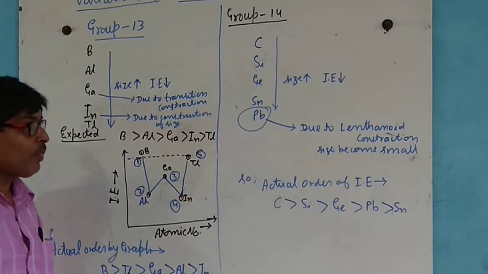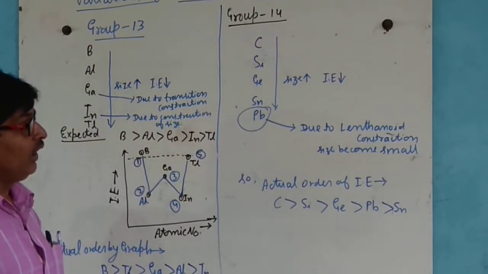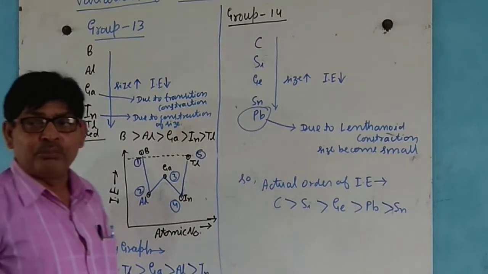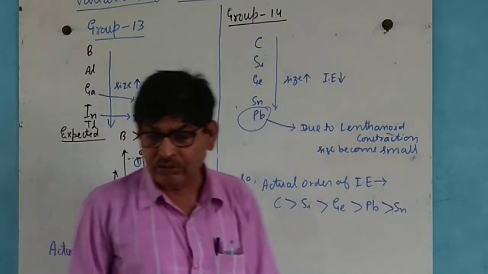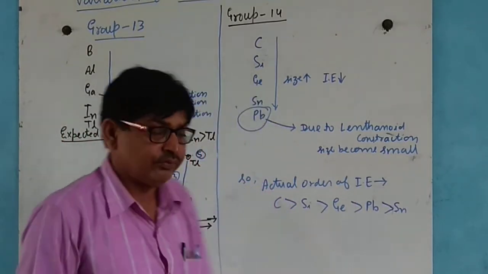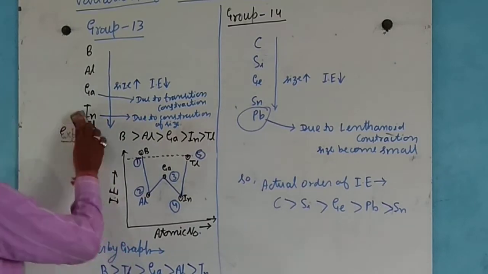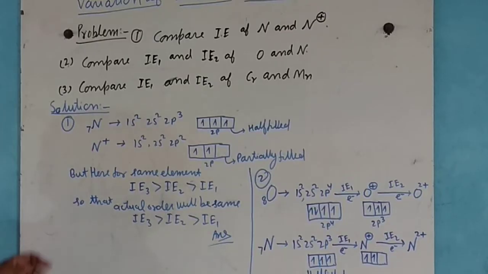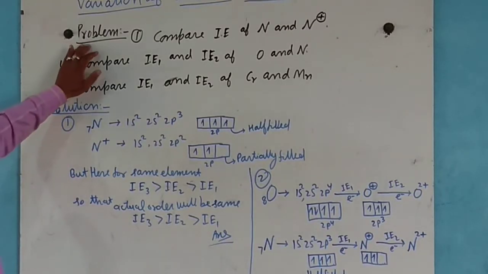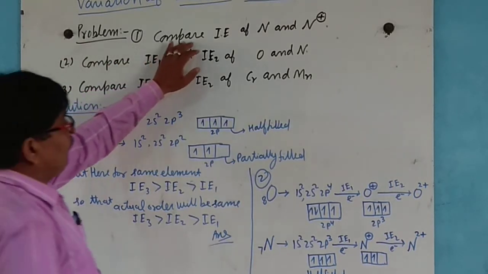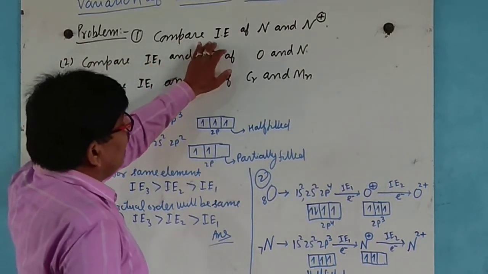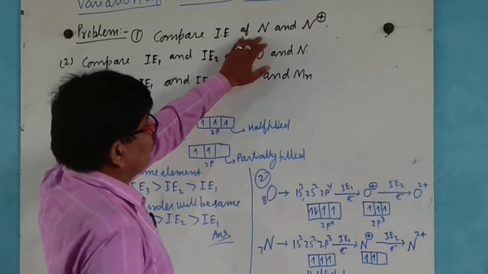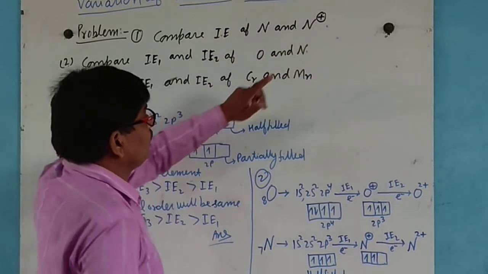Now we take some examples here. Some problems: first, compare ionization energy of nitrogen and nitrogen ion.